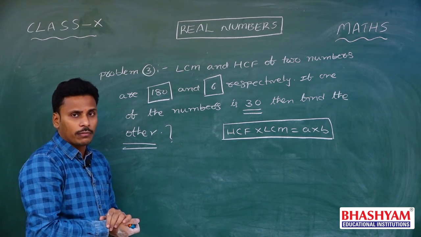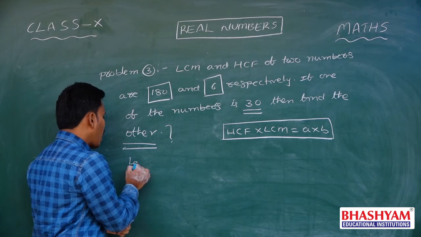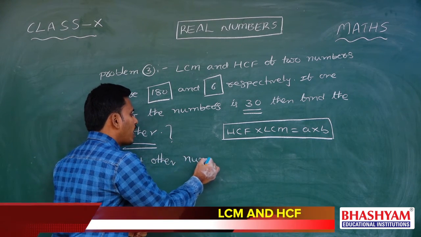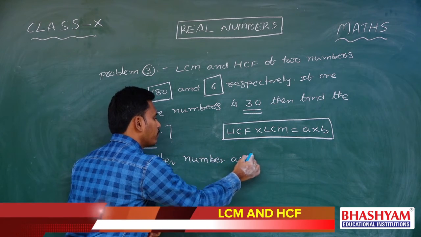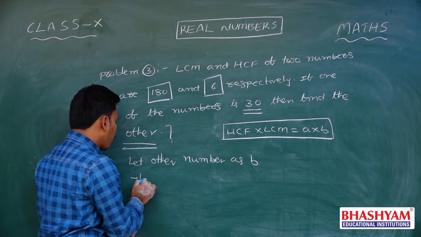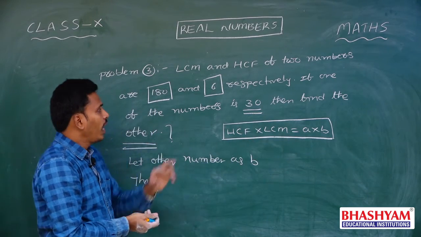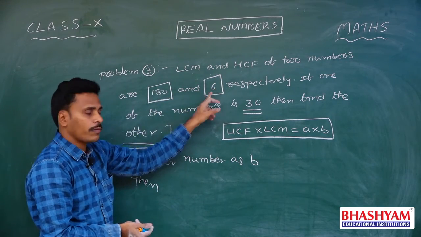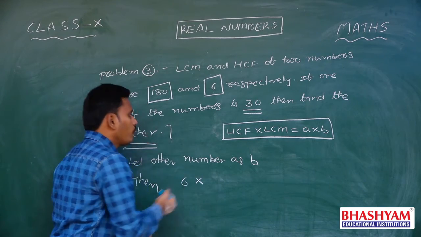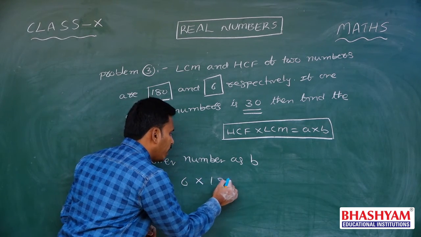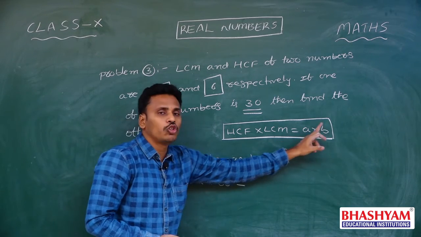I don't have the other number. Let the other number be b. If we let the other number be b, then by that relation, HCF into LCM is a into b. HCF is given as 6. So 6 into the LCM of those two numbers, 180, is equal to a into b.